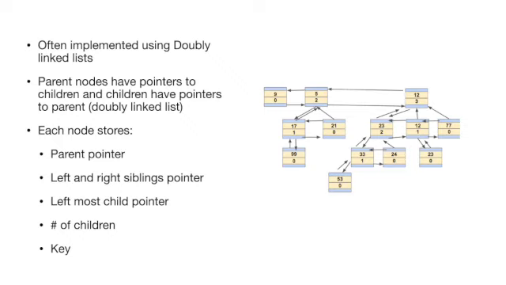But each node will store the parent pointer, the left and right sibling pointers, the leftmost child pointer, and the number of children and key of that node, which I thought was interesting because it's a lot of information along with the data for each node.